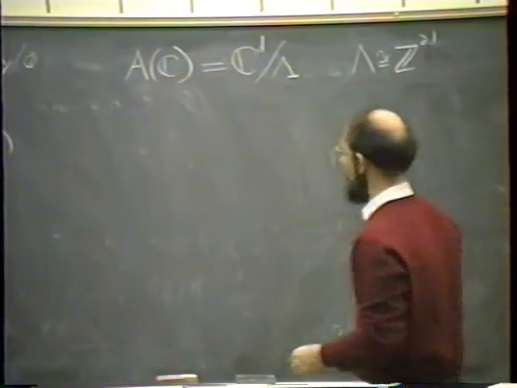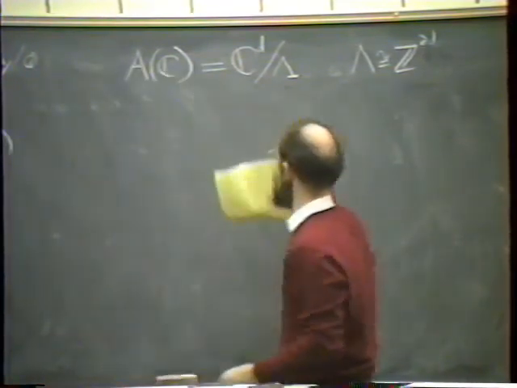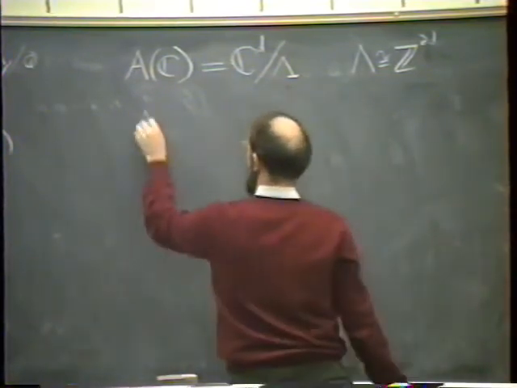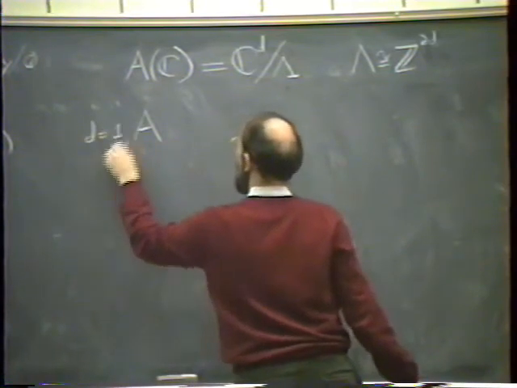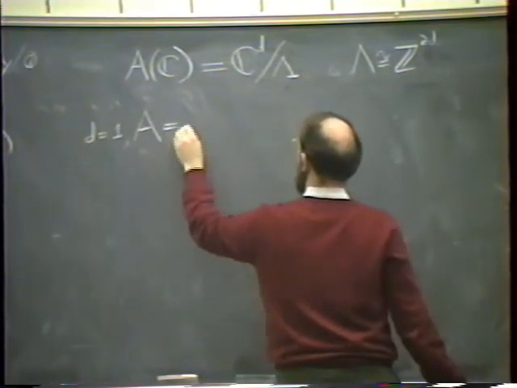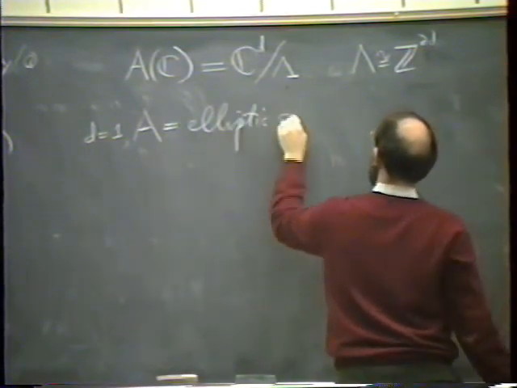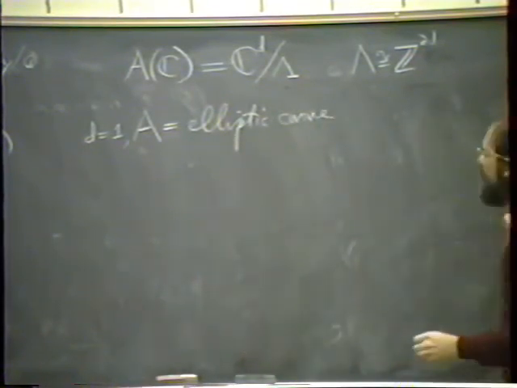Or since we're going to be wanting to talk about number theory kind of things, and this is really not an adequate description from that point of view, you might consider the case where D is 1. So in case D equals 1, A is what's called an elliptic curve. It's defined by a cubic equation in two variables.